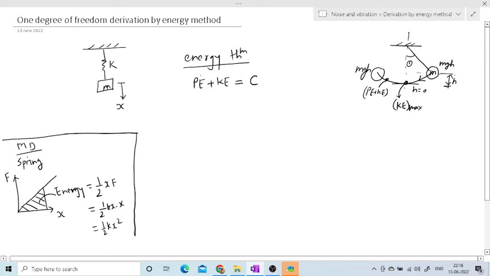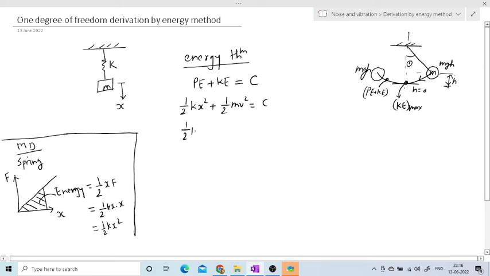So I am going to write the potential energy stored in the spring by using the spring formula from machine design. It is 1/2 kx square plus the kinetic energy. Kinetic energy is nothing but 1/2 mv square is equal to constant. So potential energy plus kinetic energy is equal to constant. Now I will modify the given equation.